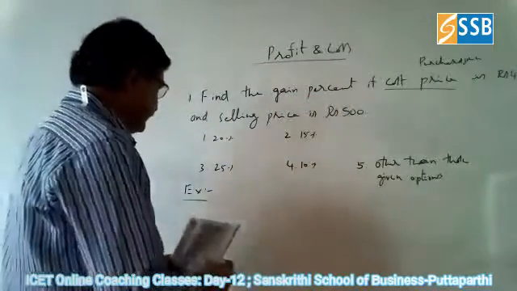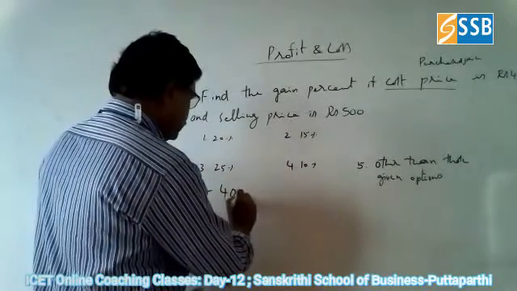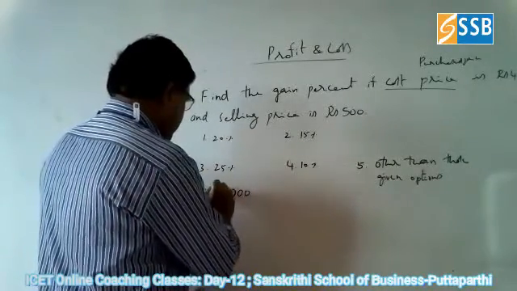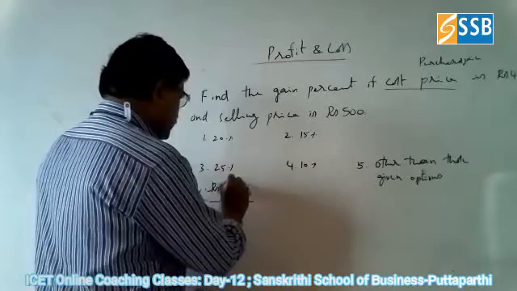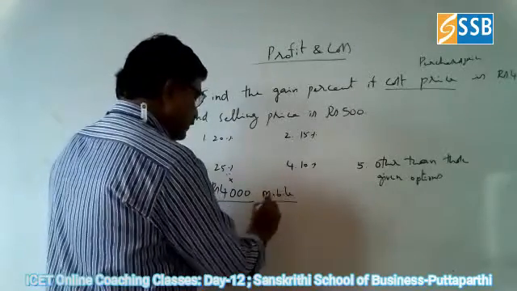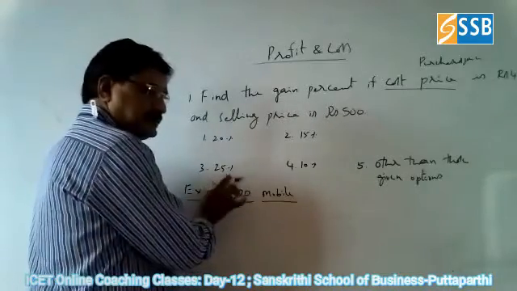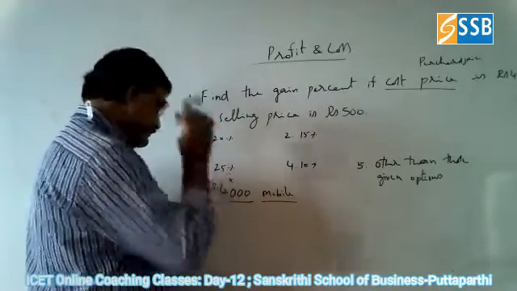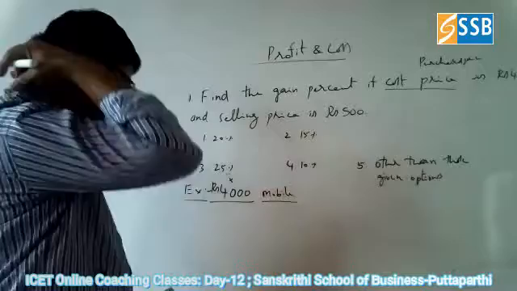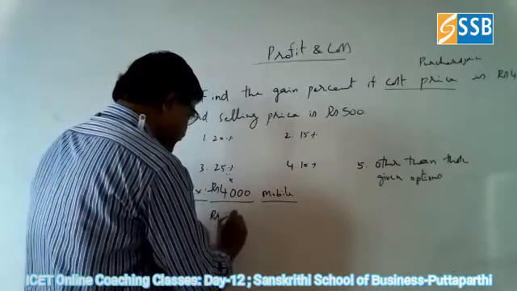Simply speaking, for an example, you take a mobile. I purchase a mobile for 4,000 rupees, my cost price, my buying price, and my selling price is 5,000 rupees.